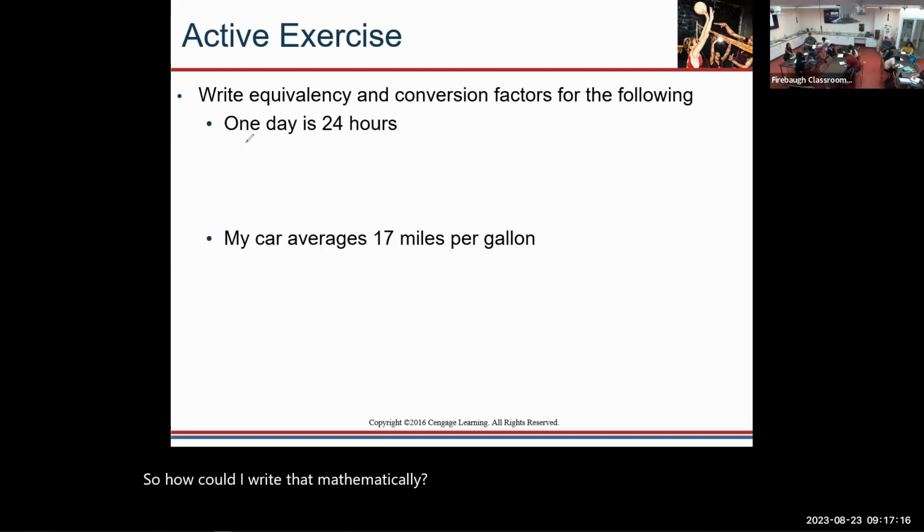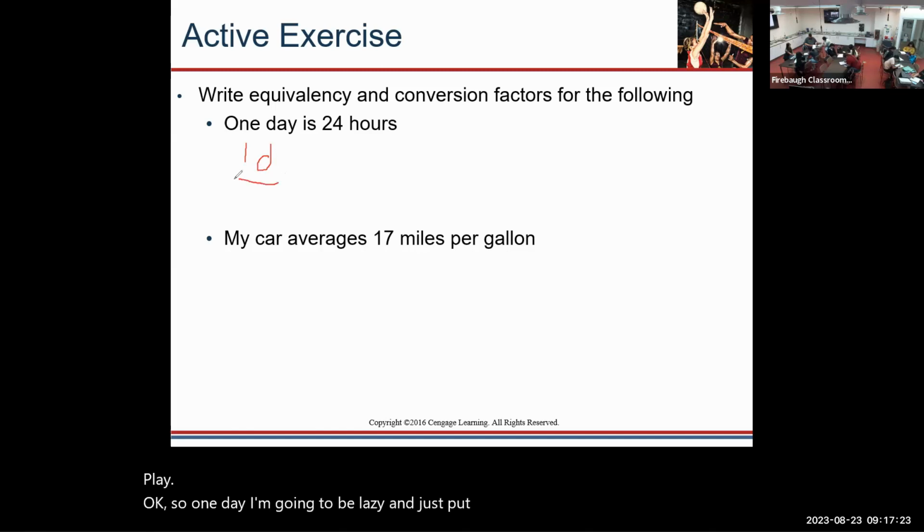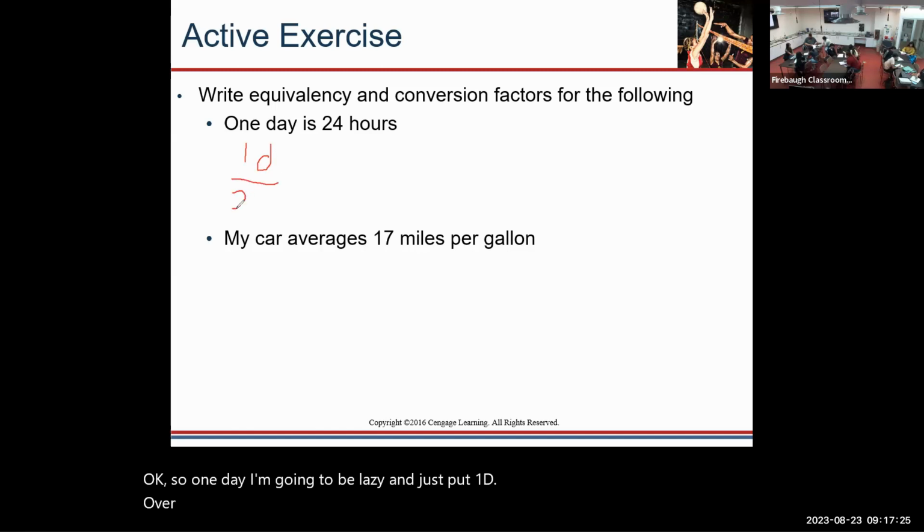Would it be 1 day over? Okay, so 1 day, I'm gonna be lazy and just put 1D over 24 HR. Can I write it another way? Would it be 24 hours over? That's right.